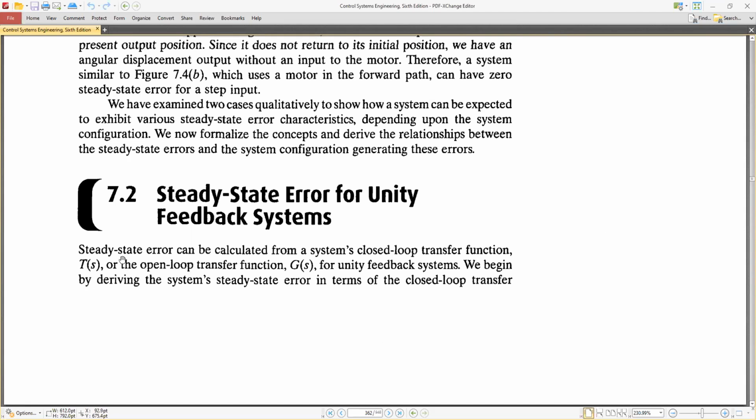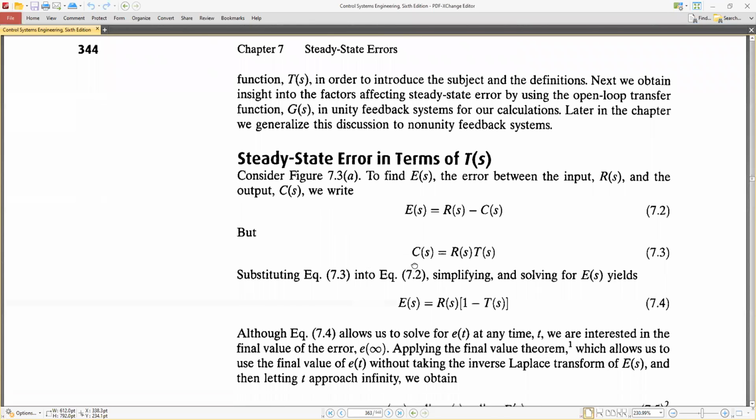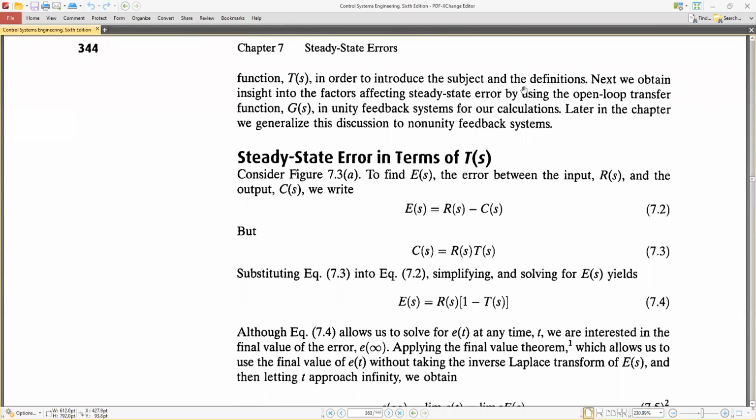Steady state error can be calculated from a system's closed loop transfer function, which is T(s), or the open loop transfer function, which is G(s). For a unity feedback system, we begin by deriving the system's steady state error in terms of the closed loop transfer function, T(s). After that they will discuss the system with G(s), that means the open loop transfer function.